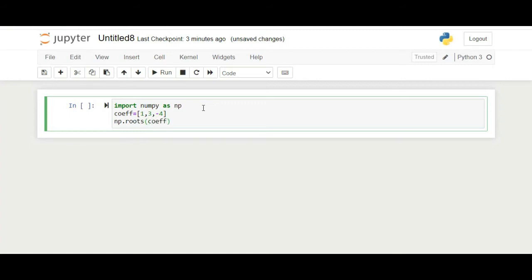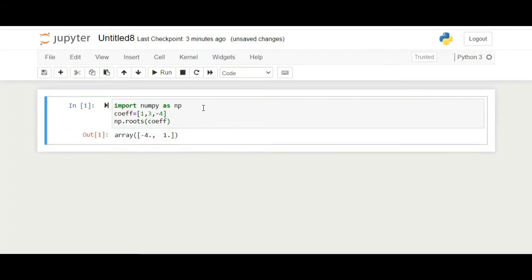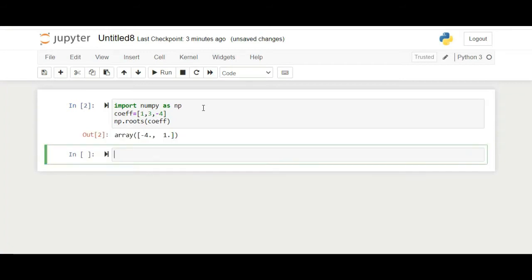Then we press control and enter, and we get the roots minus 4 and 1. These 1, 3, minus 4 are the coefficients of the quadratic equation: 1 is the coefficient of x square, 3 is the coefficient of x, and minus 4 is the constant term.